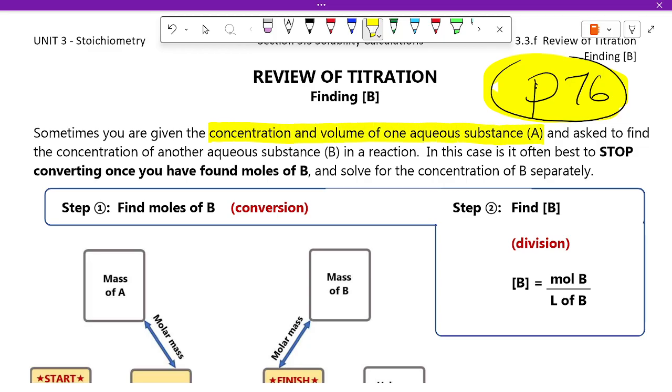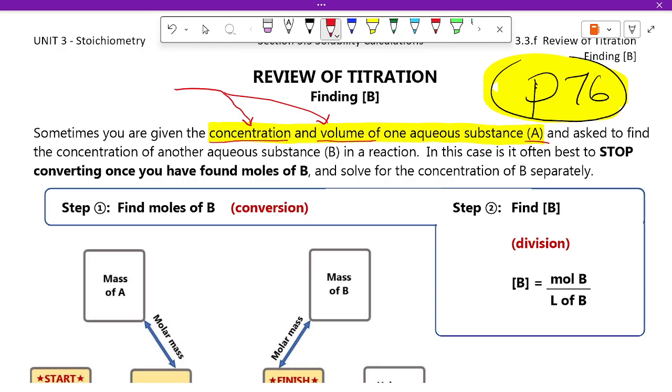We're going to call that A. So you have the concentration and the volume of A. If you have concentration and volume, what can you calculate?